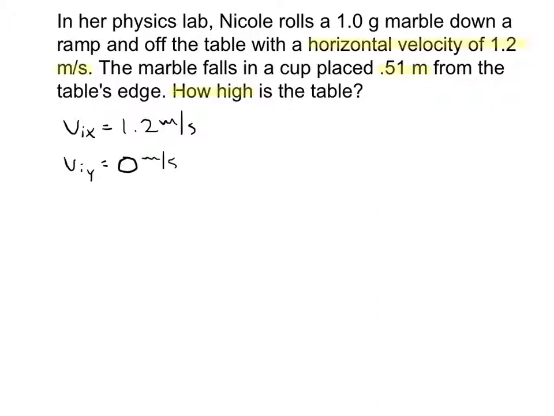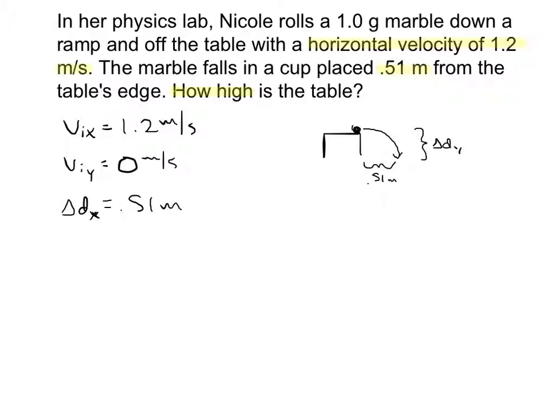If we set up our scenario here, and I'm going to do this pretty small, we've got our marble, and it's going to go on a path somewhat like that. There's the 0.51 meters, and we're looking for that distance, so delta dy. We know that delta dx equals 0.51 meters.